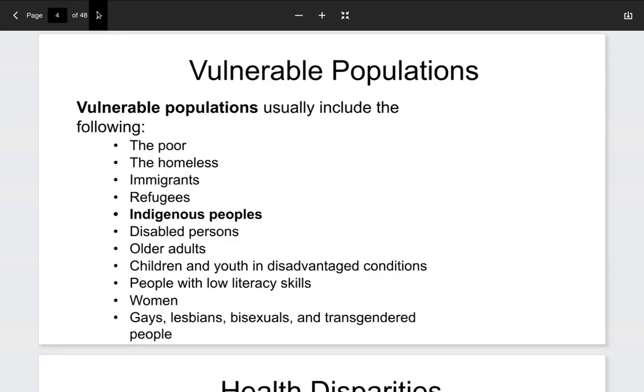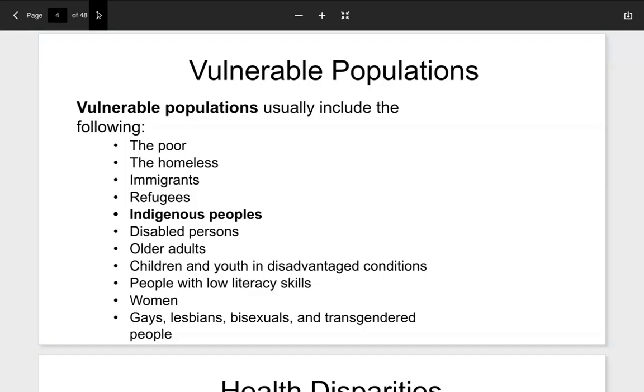And this slide refers to some of the vulnerable populations. When we are referring to vulnerable populations, we're thinking about individuals with a lower socioeconomic status, the homeless community, immigrants and refugees, specifically Indigenous peoples.